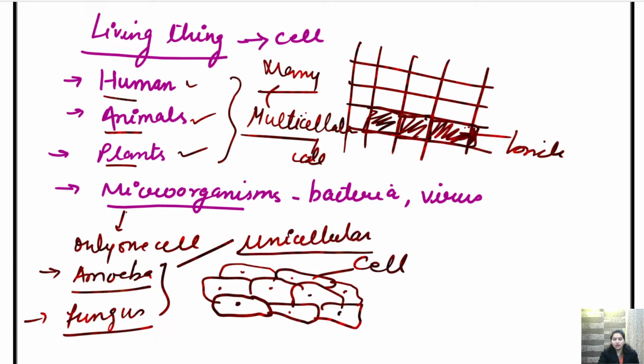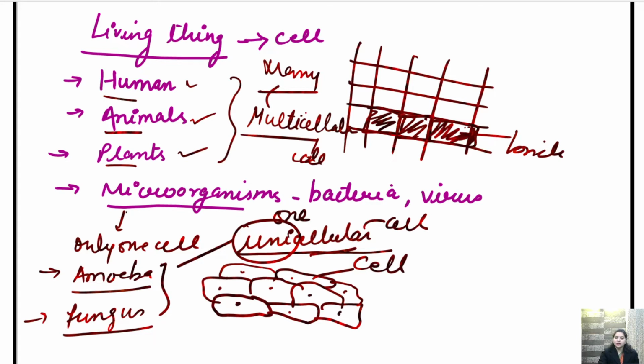Uni means one. Cellular means cell. Now humans, animals and plants are made up of many cells, so they are called multicellular. Getting my point? This is the difference between multicellular and unicellular.